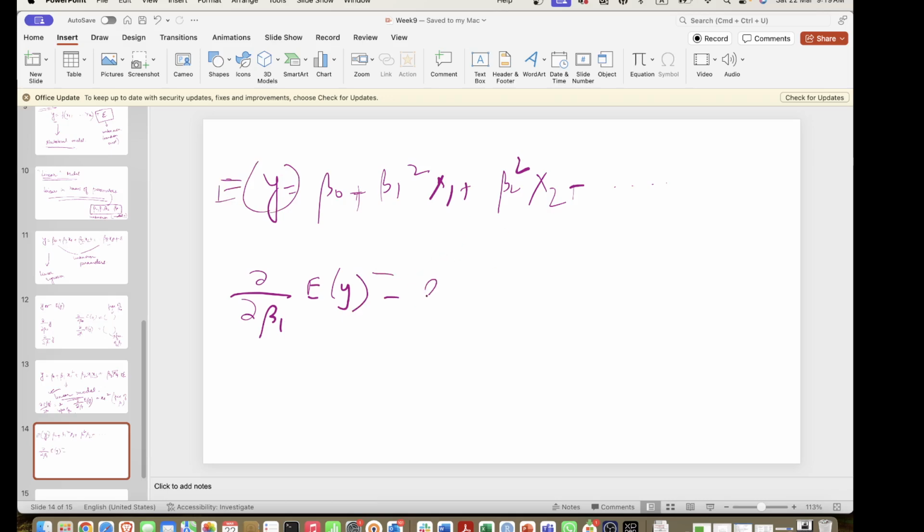We have 2 beta 1 x1, which is dependent on beta 1. So this is not linear.